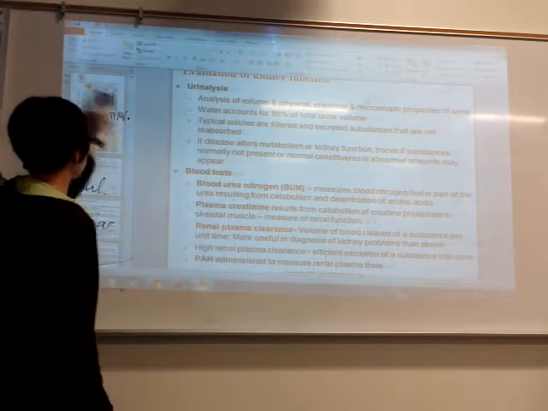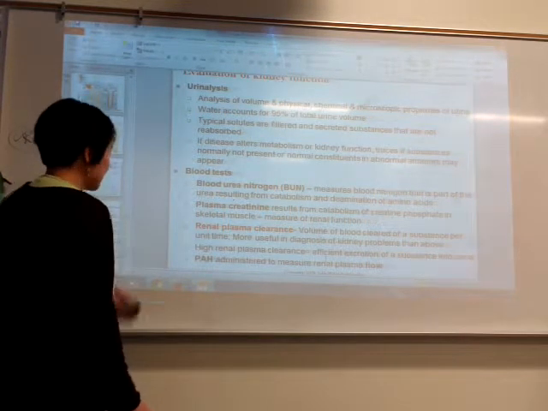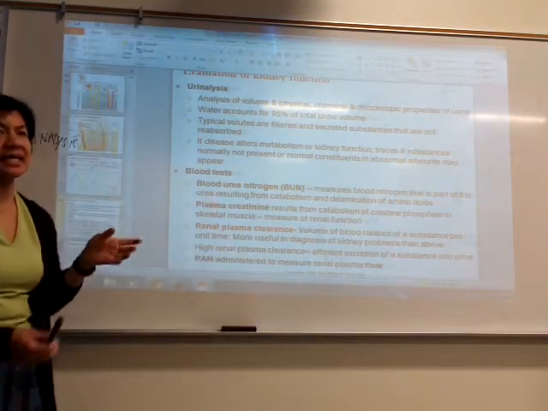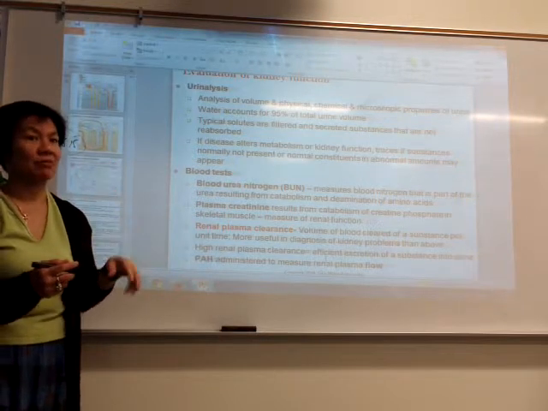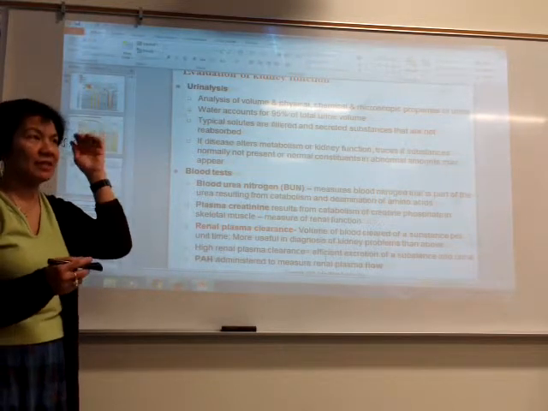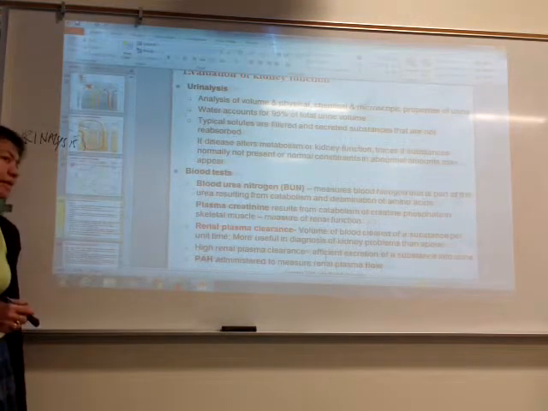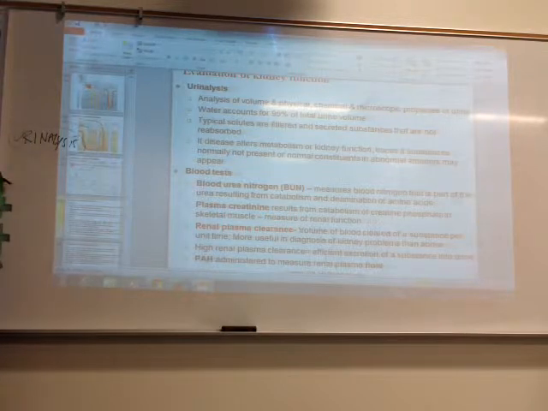Okay? Okay. There is a section in your test that will ask you to tell me whether this is reflecting a normal or abnormal kidney function in a urinalysis. Write down if this is a normal kidney function or abnormal kidney function. Okay.